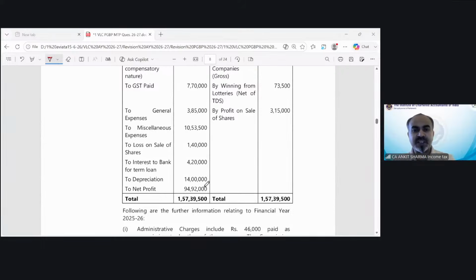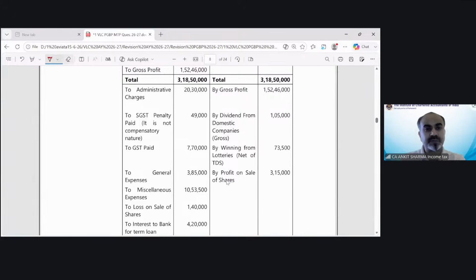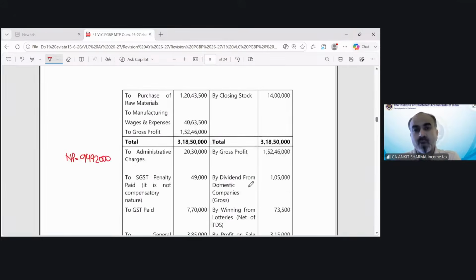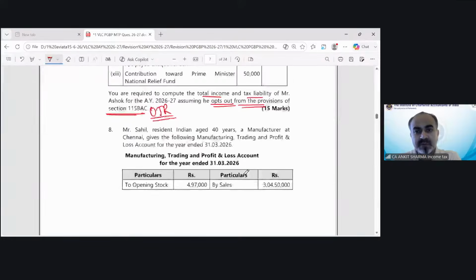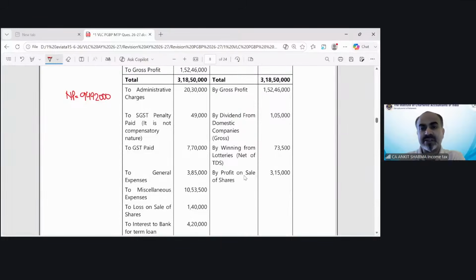The net profit has been given 9,492,000. So this is our net profit. Now, from starting, we are seeing sale, closing stock, everything is allowed as income.